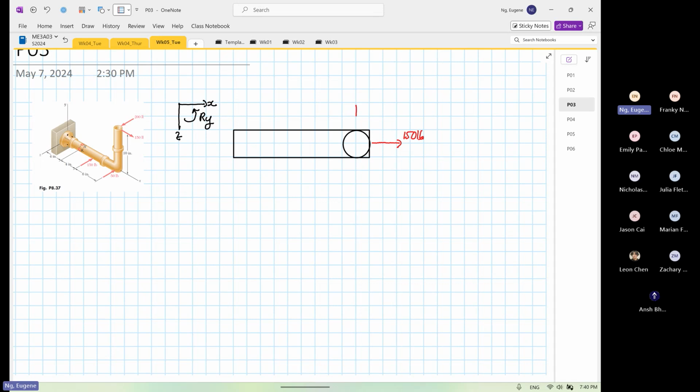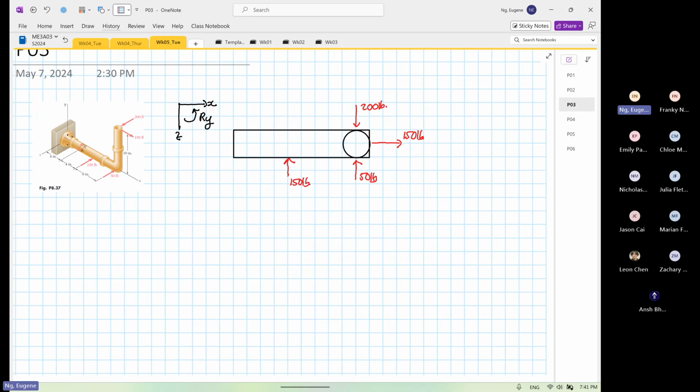You have over here now 200 pounds. And then you have one over here at 50 pounds. And then you have one over here running at 150 pounds. Okay.